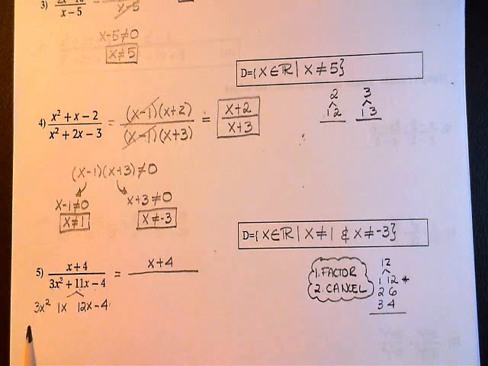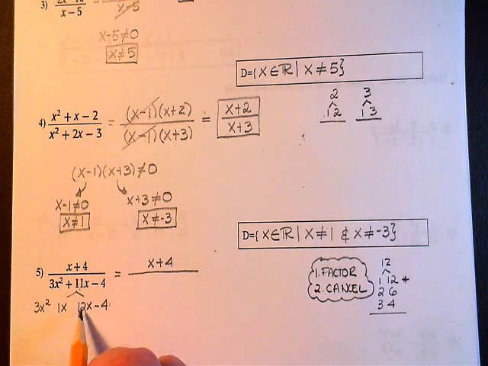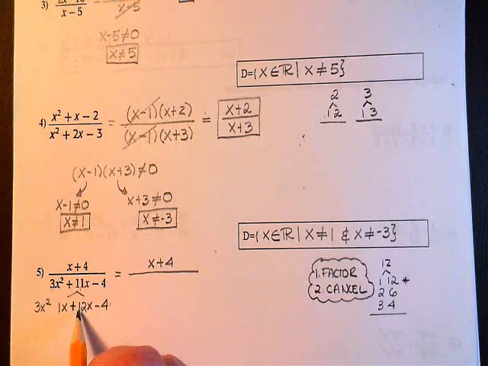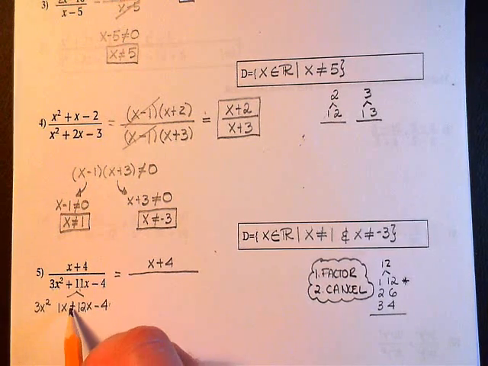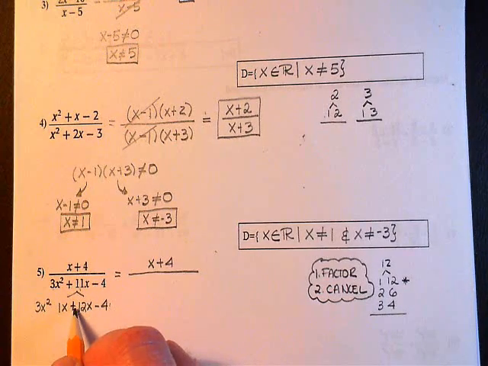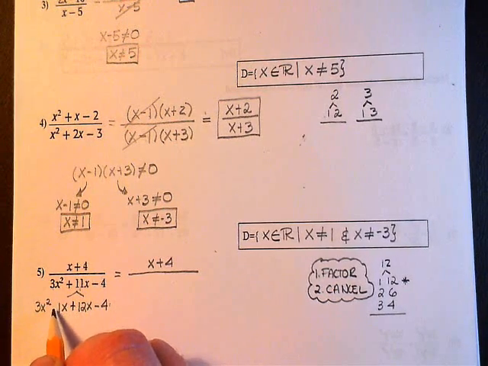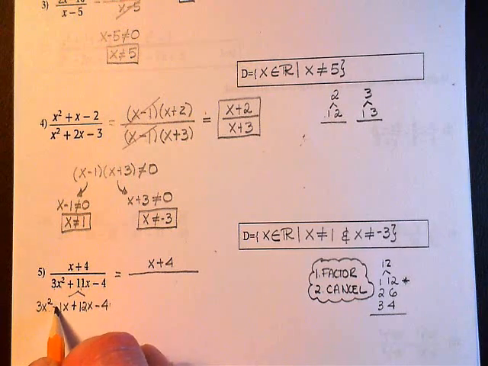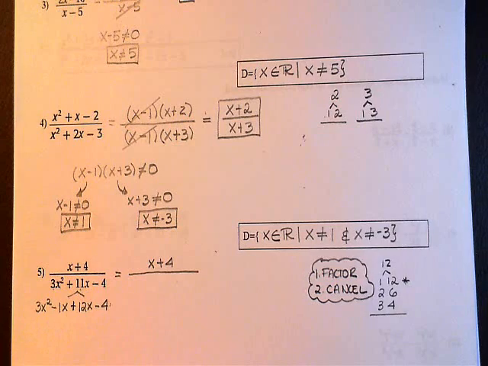Just like before, the sign of the biggest will have the same sign as the middle term, which happens to be positive 11. So that means my 12 will be positive. Now you ask yourself, positive 12 plus 1 or minus 1 gives me 11? And the answer is minus 1.